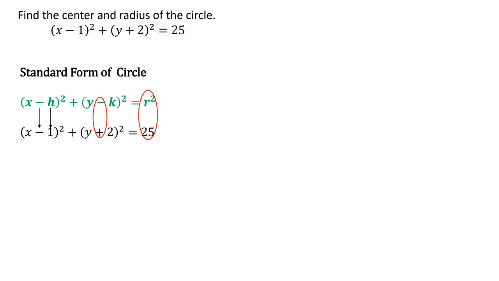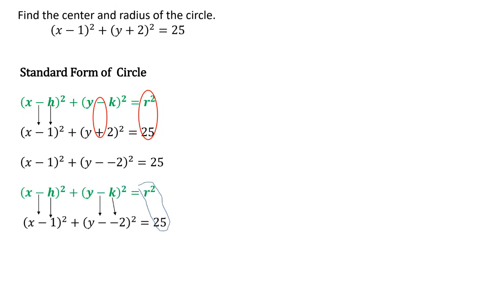If I want to find the radius, if this number was squared, the opposite of squared is taking the square root. So if I take the square root of 25, that's going to give me the value 5 for the radius. So again, it's rewriting the equation to match the standard form of the circle.